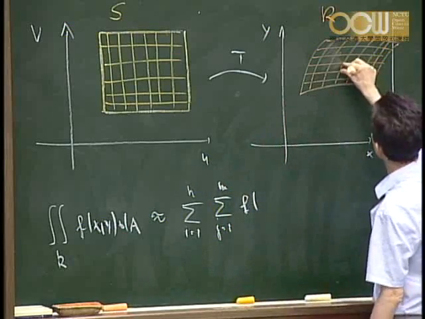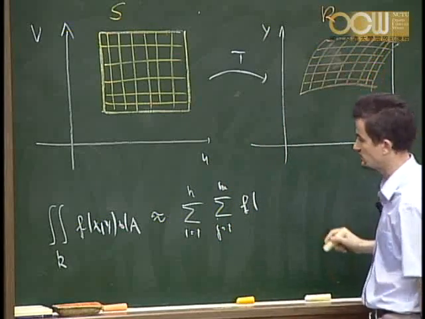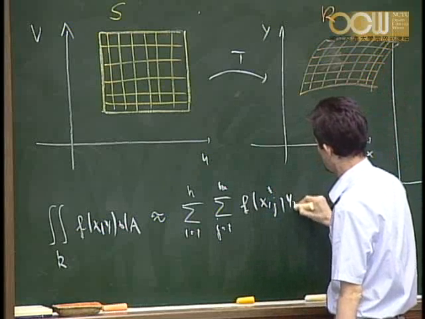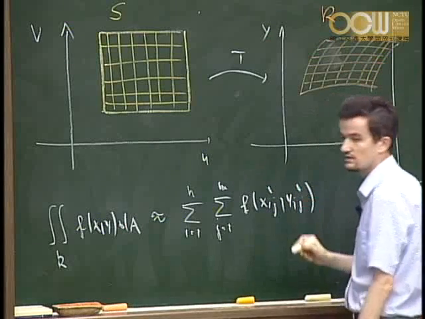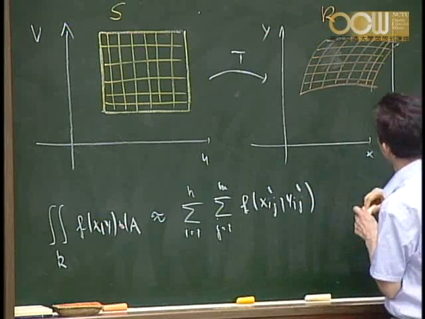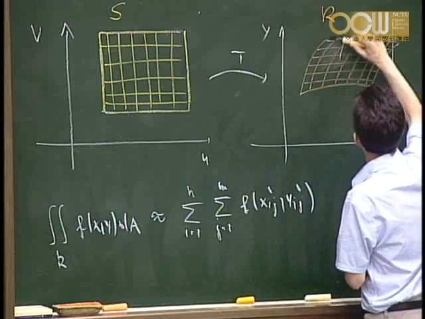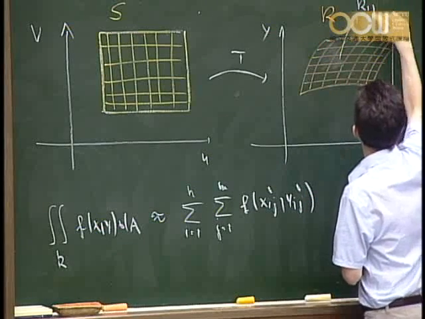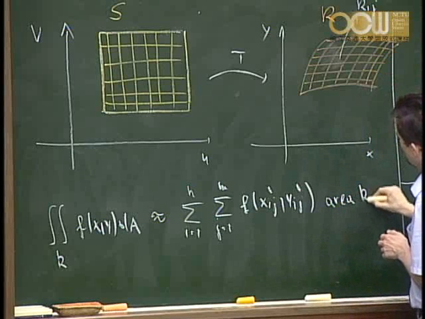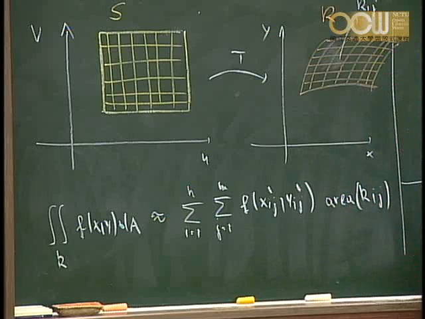In every one of those subregions, I choose a sample point, let's say x_ij star, y_ij star, and then multiplied with the area. So for instance, if this is the R_ij subregion, multiplied with the area of R_ij.